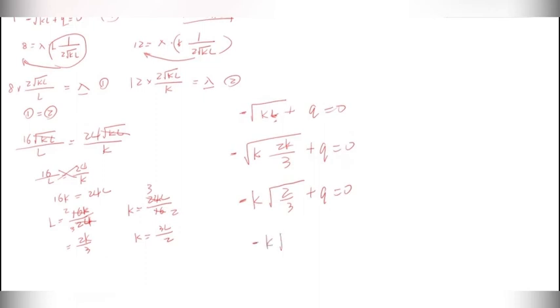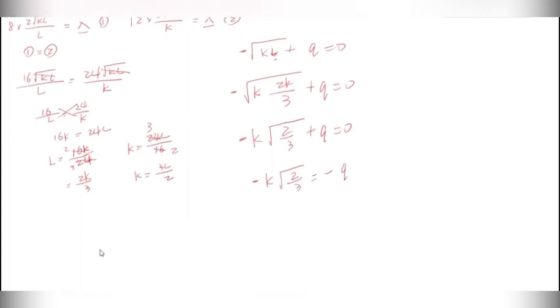Negative K square root of 2 over 3 equals negative Q. So now I can cancel the negative, so K equals Q times square root of 3 over 2. So this is K.